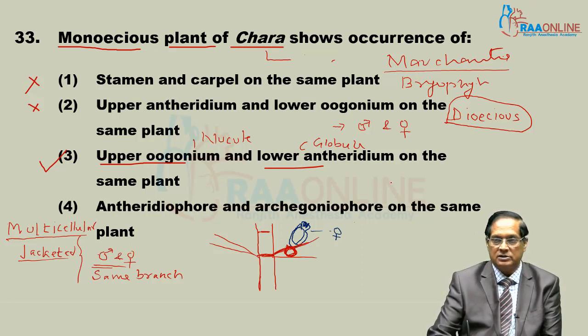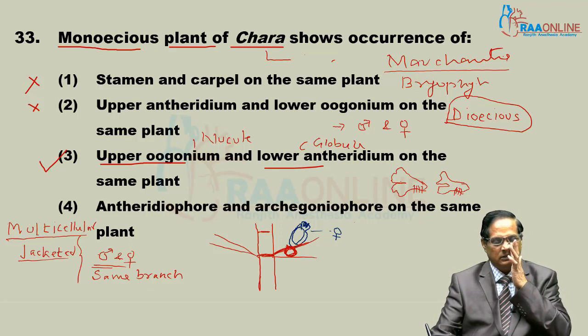Marchantia is actually thalloid, with a dorsiventral flat body, and it is attached to the substratum by means of rhizoids. This is one thallus or one body. Similarly, this is the second body. It is also attached to the substratum by means of rhizoids.